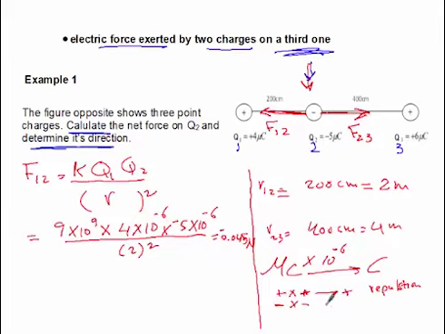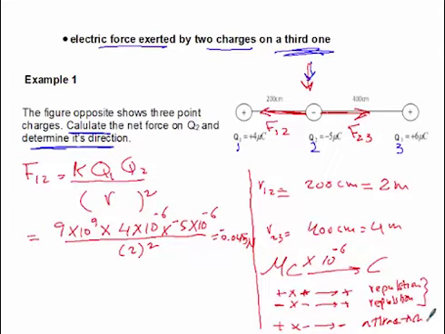Negative times negative will also give us positive, so again it's repulsion. So positive means repulsion force, but here we have a positive with a negative, so we are getting negative force, so it is attraction.